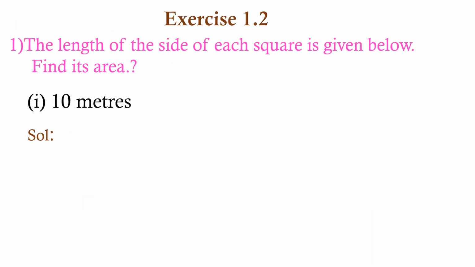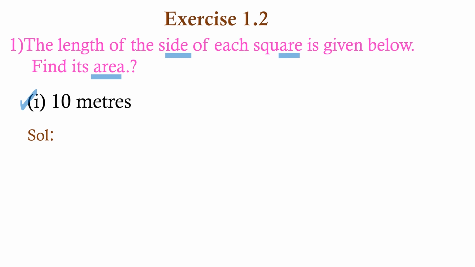Exercise 1.2. The length of the side of each square is given below. Find its area. See here, in this question, they gave the length of one side of each square and we have to find out the area of that square. First sum, 10 meters.